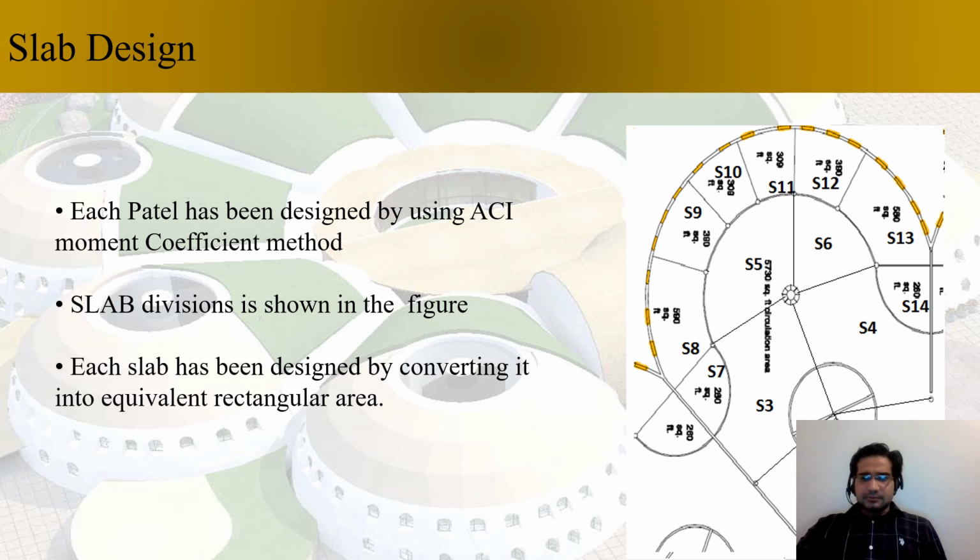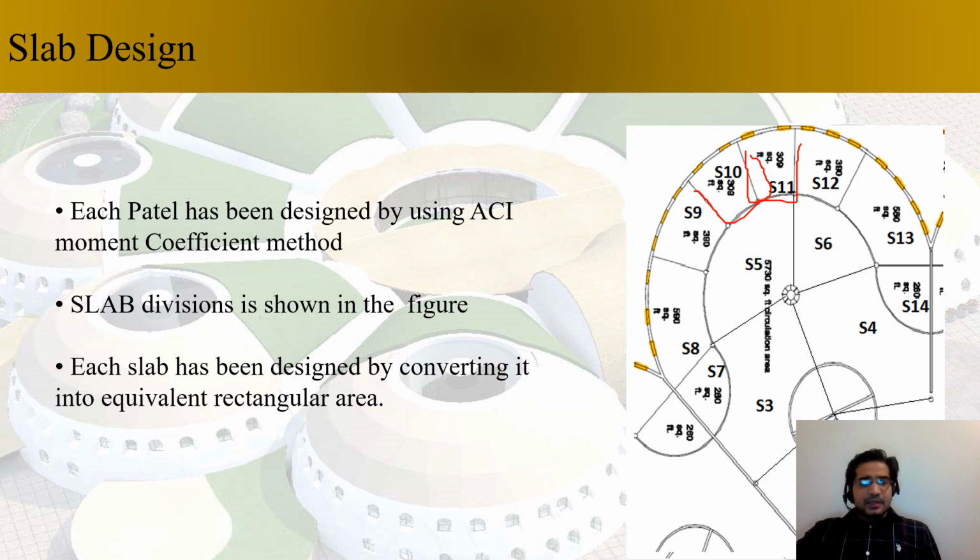So slab, here you can see it's similar to any kind of conventional building. So we just divide the slab into small rectangular portions, as you can see here. We try to cut it in such a way to form a rectangle in there. Say it's 380 square feet of area of the slab, and that was utilized for the ACI moment coefficient method, which states that the moments are to be distributed into the x and the y direction, and based on those moments we design the steel for the structural loading.